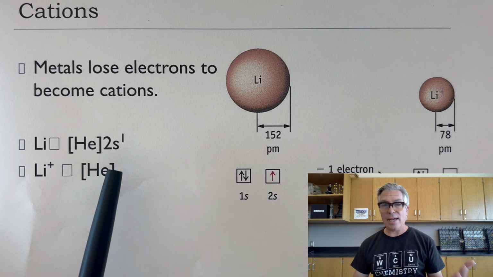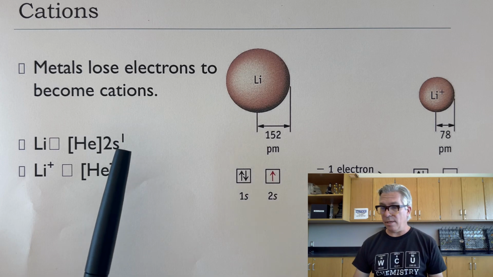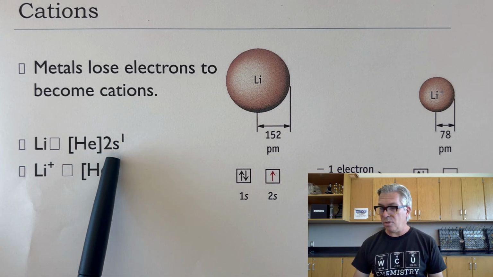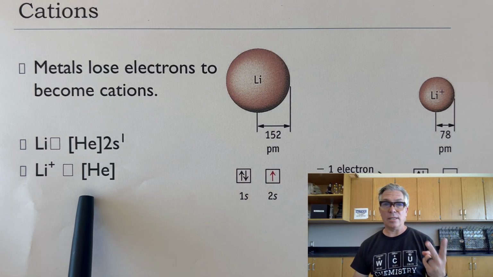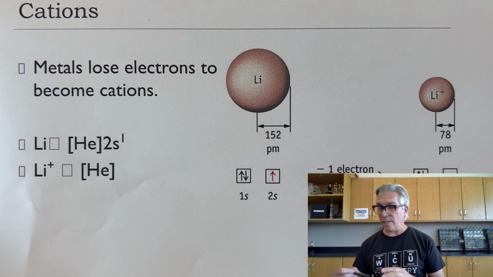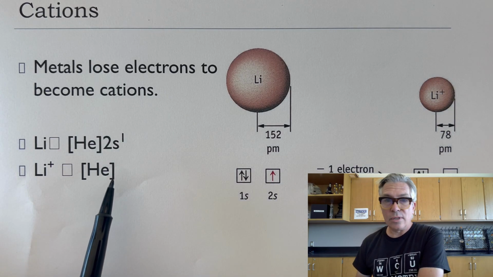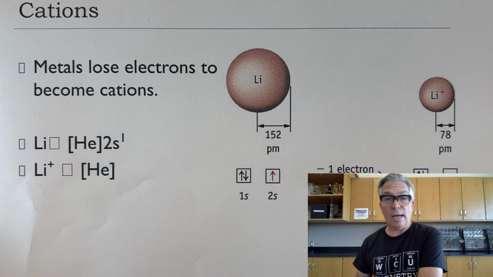So, for example, metals tend to lose electrons to become cations. And so lithium, for example, would be helium 2s1. You take away that 2s1, now it's just got 2 electrons, and so it's just like helium. We use the term isoelectronic for things that have the same configuration. So once they gain or lose electrons, they become isoelectronic to another atom or ion.